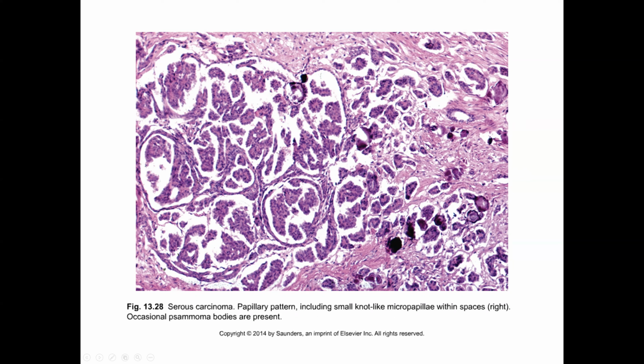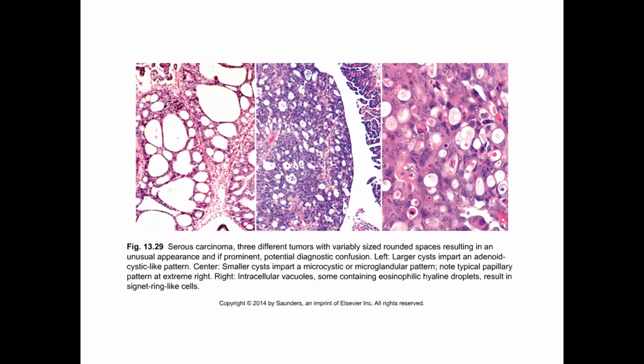But increasingly, we're beginning to define these by virtue of mutation status with P53. And so a tumor like this that maybe looks a little bit low-grade, if it has either high-grade nuclei or a P53 mutation, would be best classified and treated as a high-grade serous carcinoma.